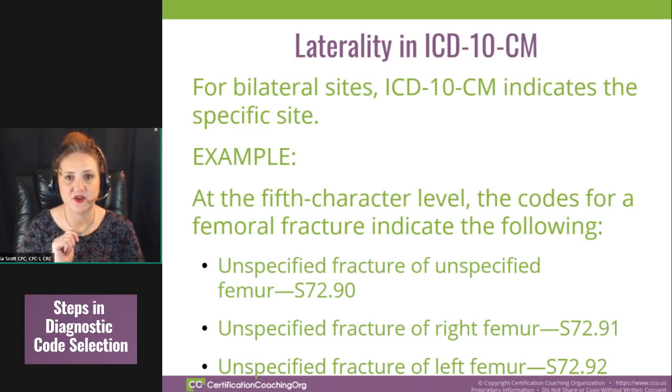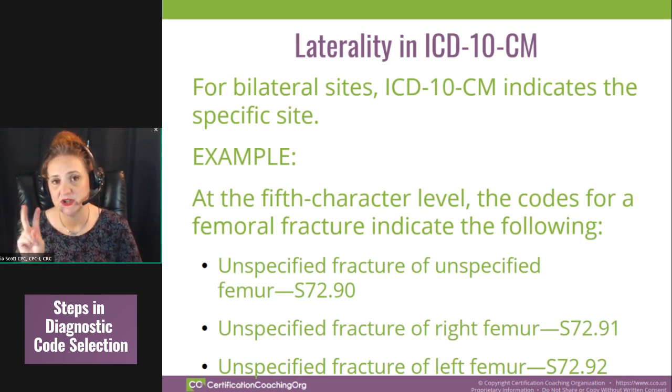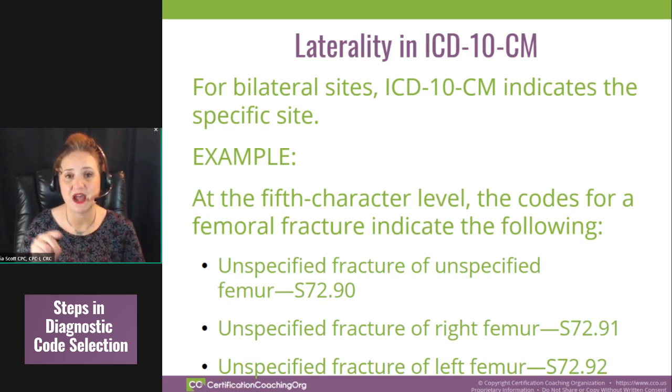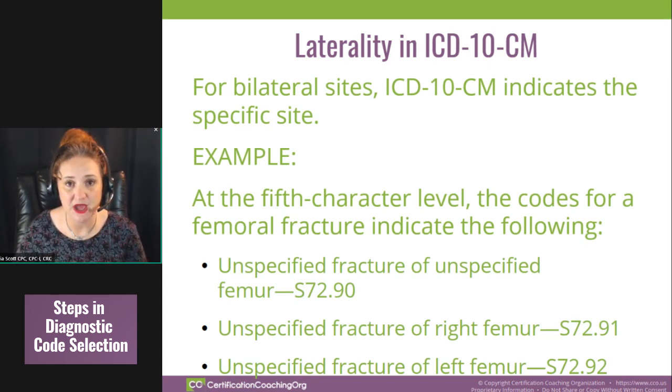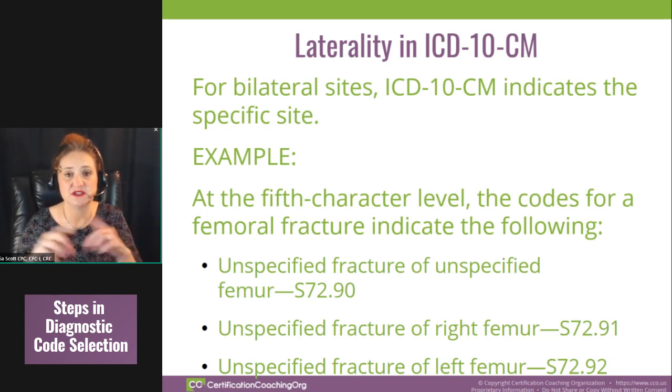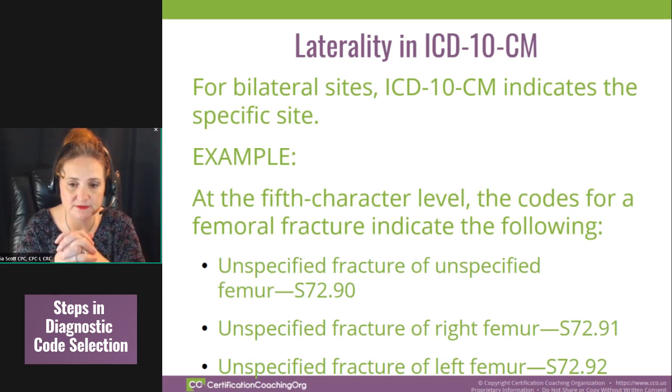We have unspecified fracture of the femur. And that unspecified is not saying which, right or left, is fractured. No, it's saying we don't know what type of fracture it is yet because we don't have an x-ray done. So this is an ER report. We haven't got the X-ray results back, so we don't know. Is it a twisting? Is it a greenstick? There are all these different types of fractures you're going to learn about.